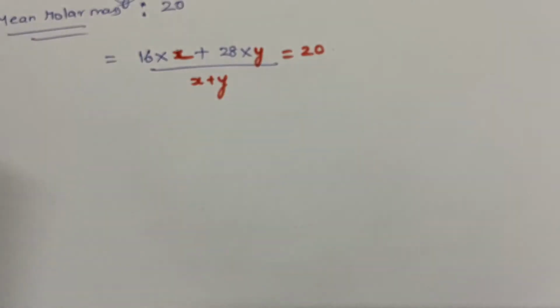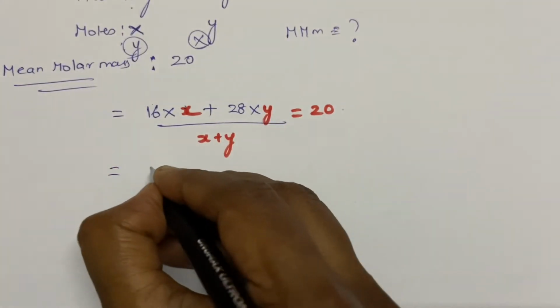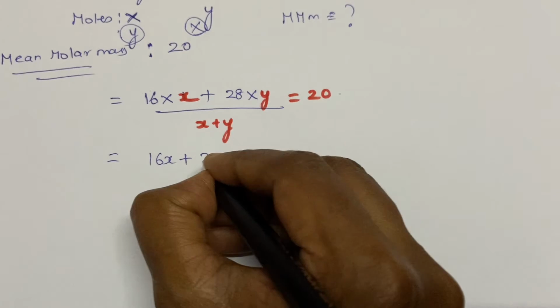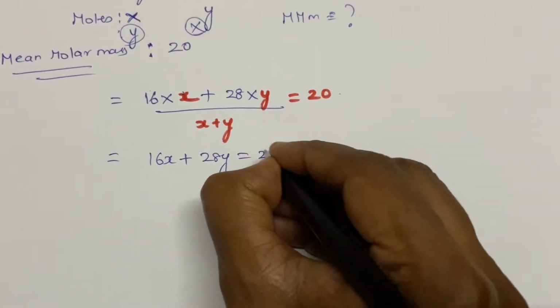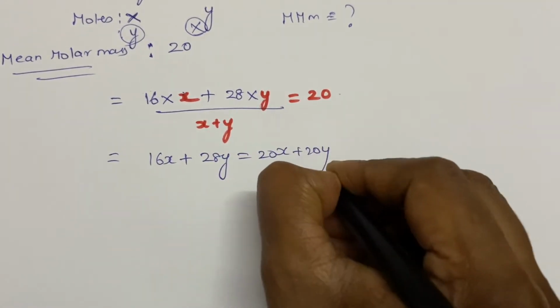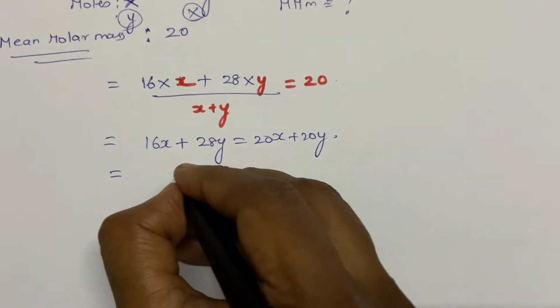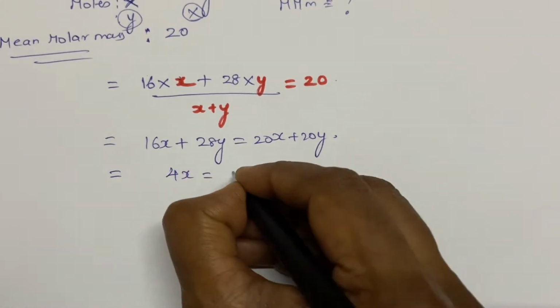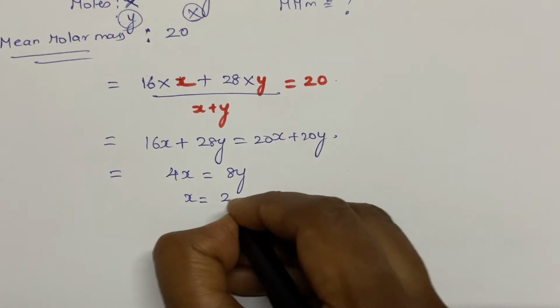If we solve this equation, 16x plus 28y equals 20x plus 20y. If you solve this, 4x is equal to 8y, so x is equal to 2y.